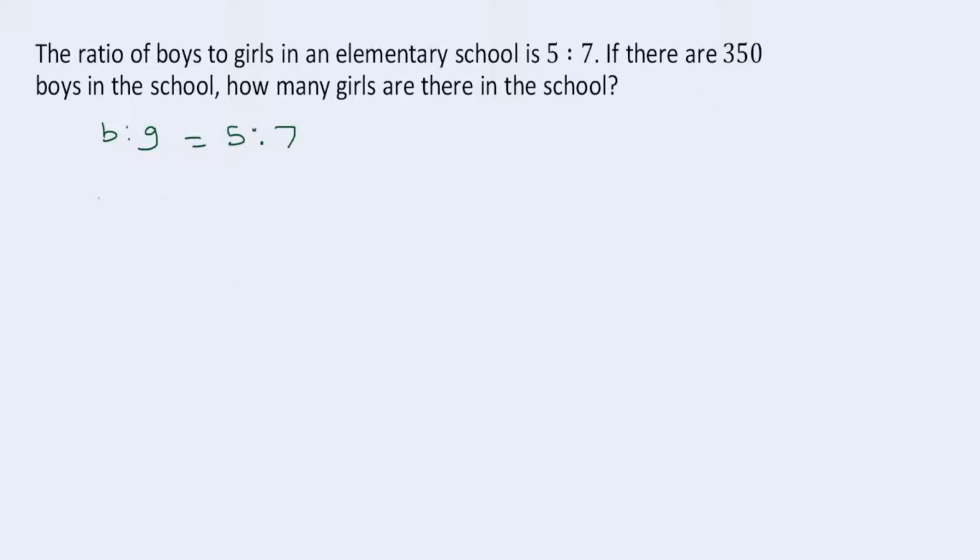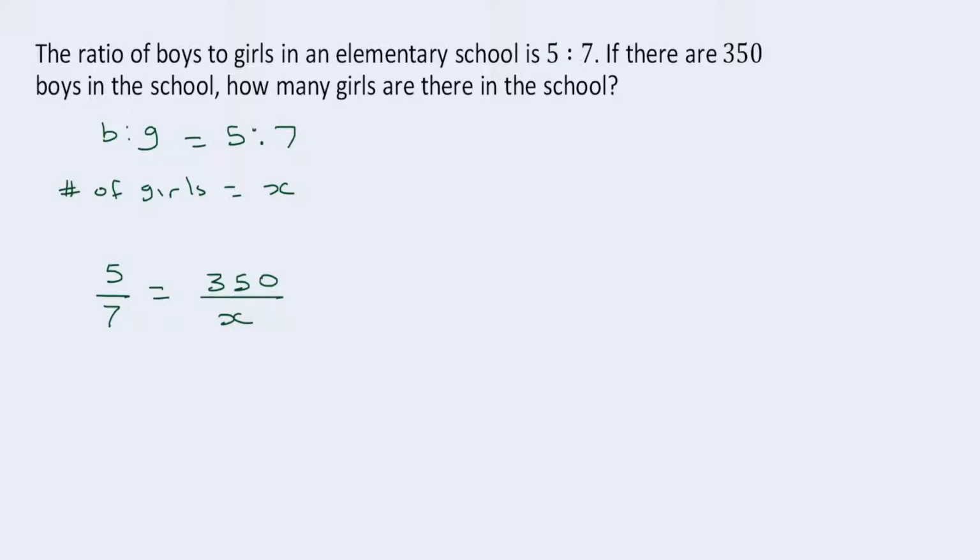Number of girls in the school, let's say number of girls, we call that x. So our ratio equation that we're going to create here is 5 over 7 is equal to 350 over x, where x is the number of girls in the school.